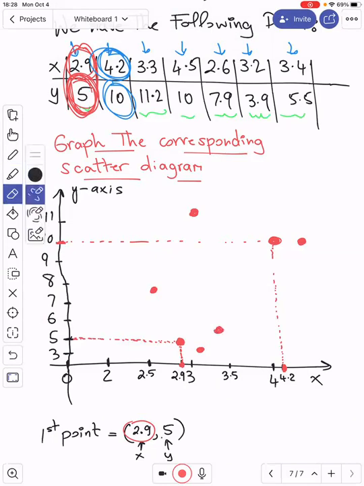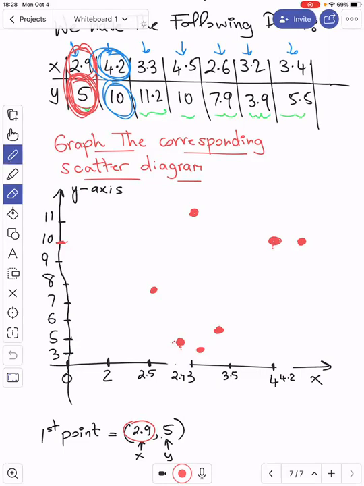So that will be your scatter diagram. It's just a bunch of points, as you can see. You don't have to connect these points. So this is actually your scatter diagram. Let me just erase this thing here. This is what I call the scatter diagram.